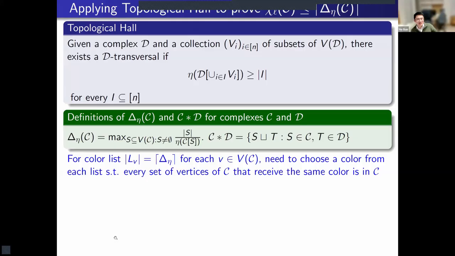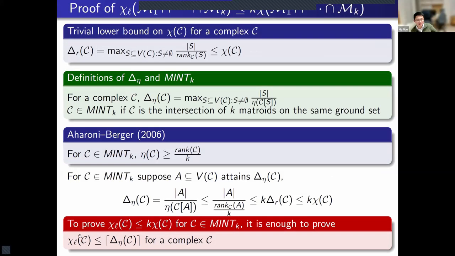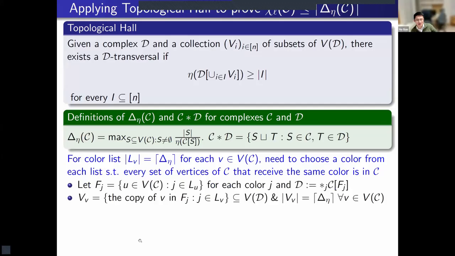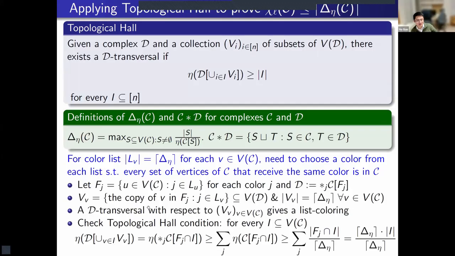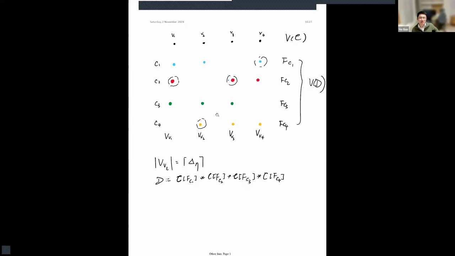And for this purpose, I will show you a picture of this proof, to show that the list chromatic number of C is at most the delta eta of C. So here is a picture.